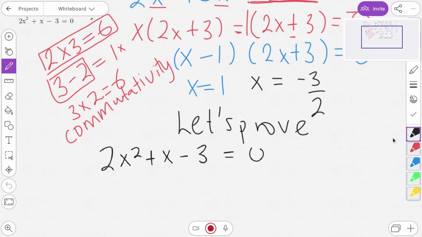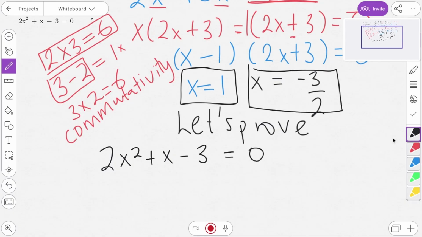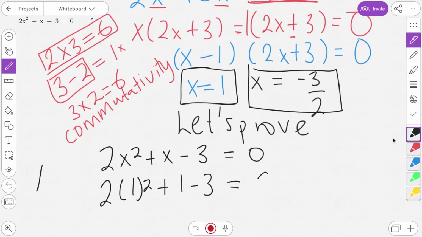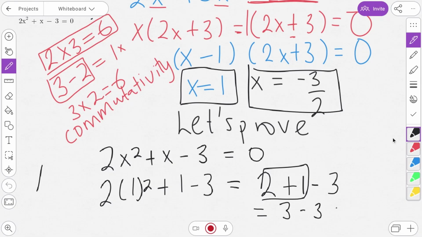They said x equals 1 and x equals negative 3 over 2. For x equals 1, we just substitute. If you know about substitution, put in 1 in place of x. Now we are going to realize that we arrive at 2 plus 1 being 3, minus 3, which gives us 0, which makes the expression correct when x is equal to 1.